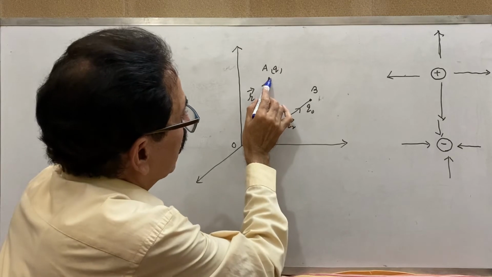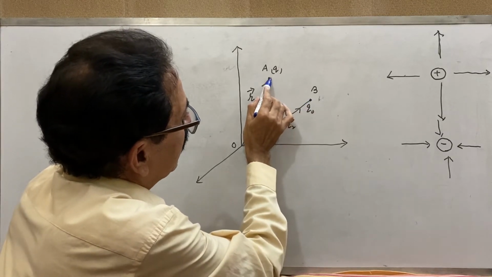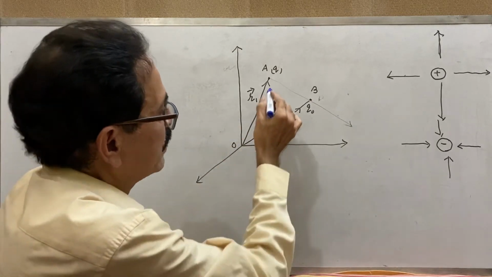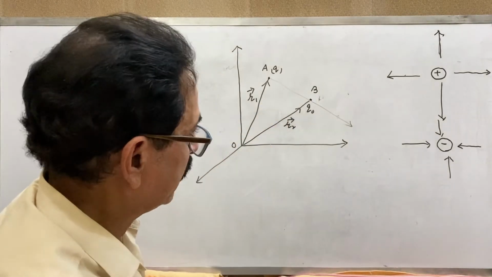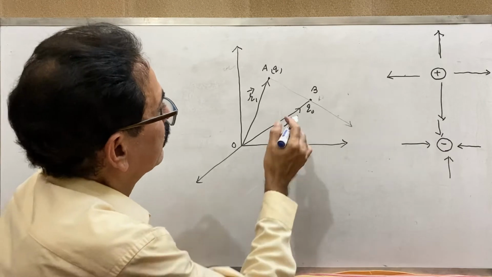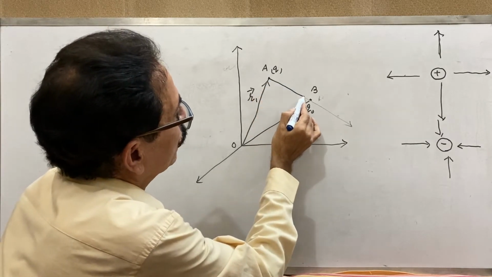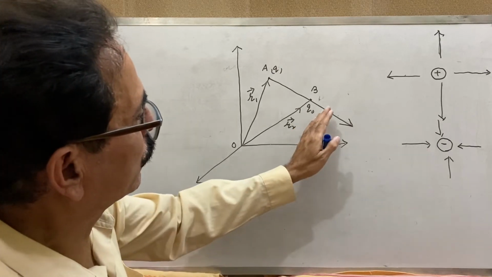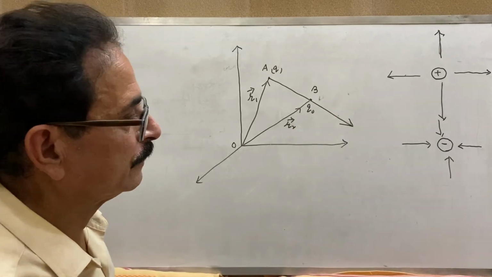These two charges repel each other along this way. That means this charge Q repels Q0 by a force along this way.